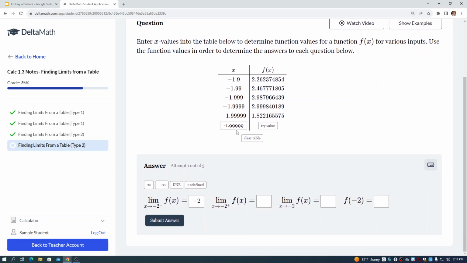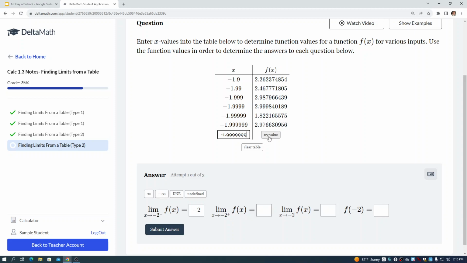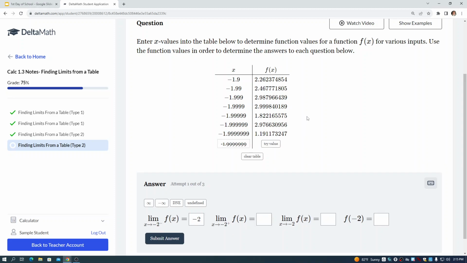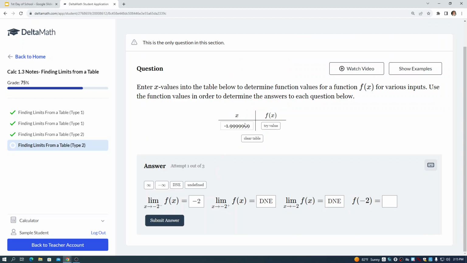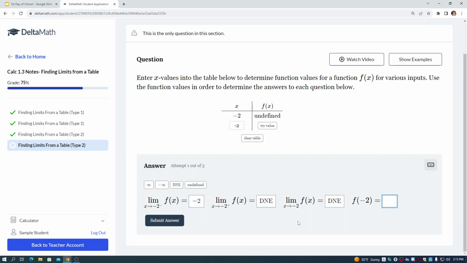Ooh, see, I almost went, I knew this one was weird. I had to keep going. Because look what happens. It's getting bigger, it's almost 3, and now it jumps back. If you were to continue on, look, it jumps back again. It's doing that weird going up and down and up and down. So that actually does not exist. So the general limit does not exist. And then if I try in -2, it's actually undefined as well. And so what's happening is we have a curve that comes to -2 for a y value, one that oscillates, and then there's actually not even a point there at all.